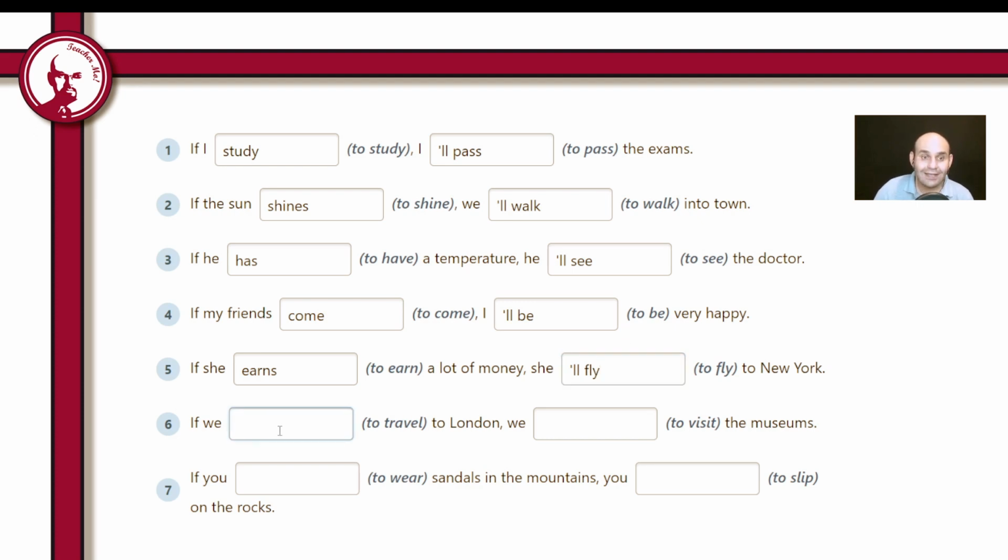Number 6. If we travel to London, we will visit the museums, of course. Number 7, which is the last one. If you wear sandals in the mountains, you will sleep or you'll sleep.